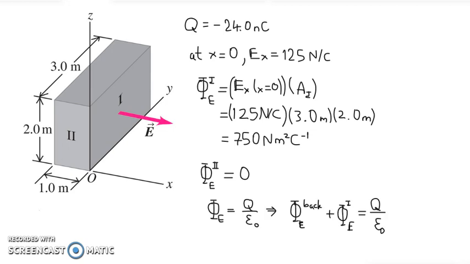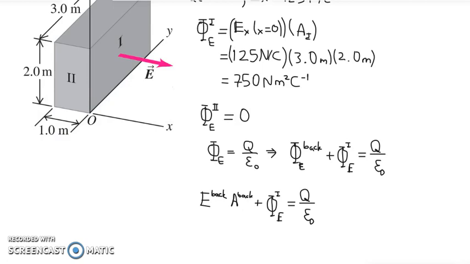So flux through the back surface plus flux through the front surface, that's surface 1, is equal to total charge enclosed within this box divided by epsilon 0. Now the electric flux through the back surface is simply equal to the electric field at the level of that surface, which is what I'm looking for, times the surface area of that back surface, which is again just a rectangular area with height 2 and width equal to 3 meters.